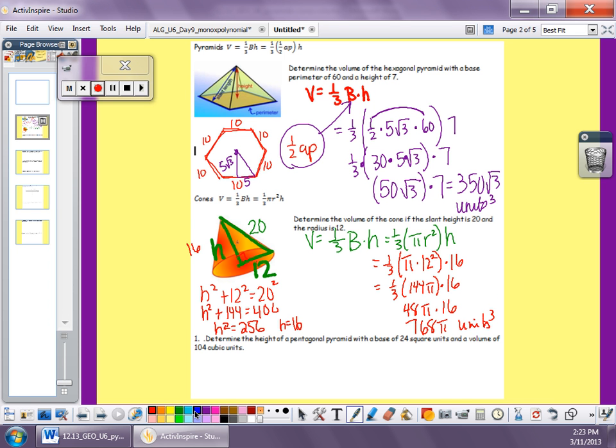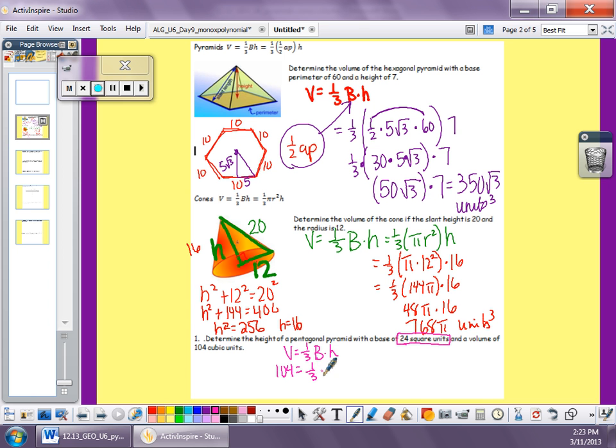And the last one, determine the height of a pentagonal pyramid with a base of 24 square units and a volume of 104 cubic units. Because this says square units, they've already found the base. So when we do this, it will be 104 equals, oops, sorry, let's start again. 1/3 base times height.